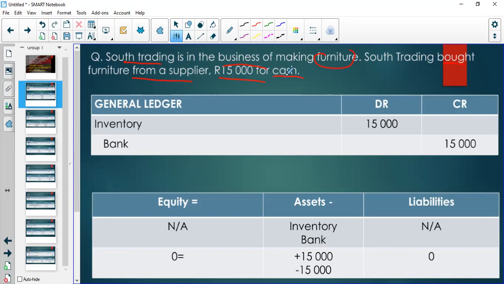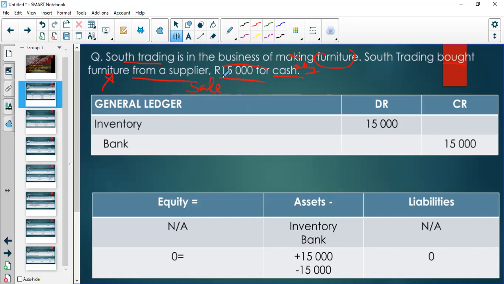Now I wanted to say it's in the business of selling furniture, but whatever the case, I think you guys will not be confused. So they bought furniture because this furniture was bought for sale.